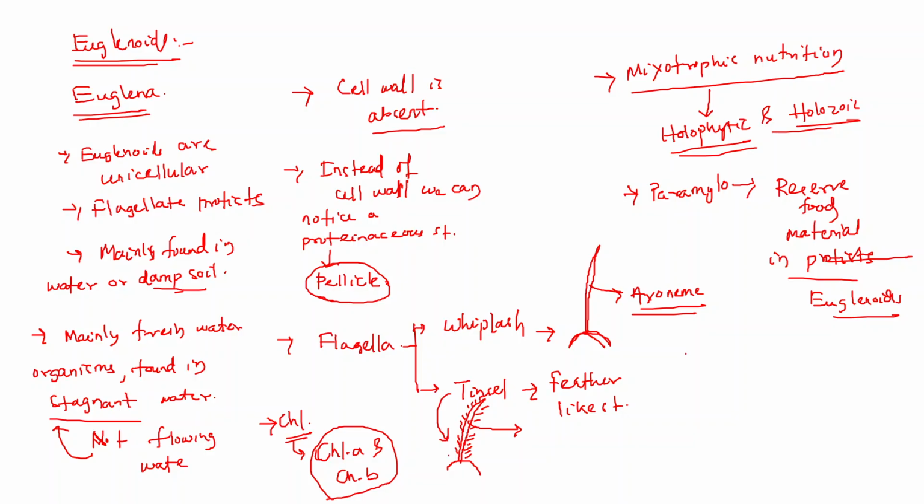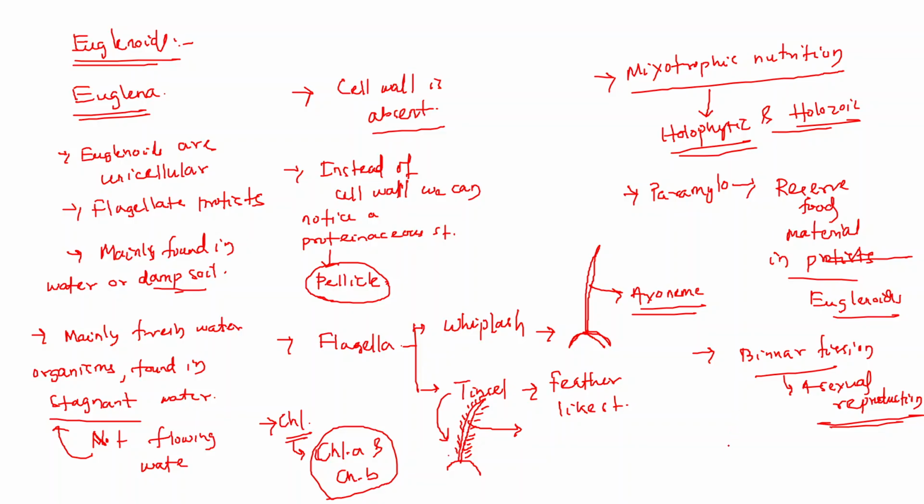They mainly reproduce by binary fission. This is a type of asexual reproduction, and this occurs in favorable condition.